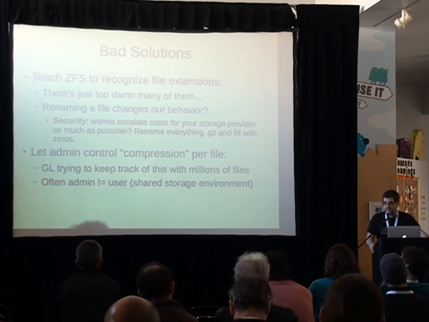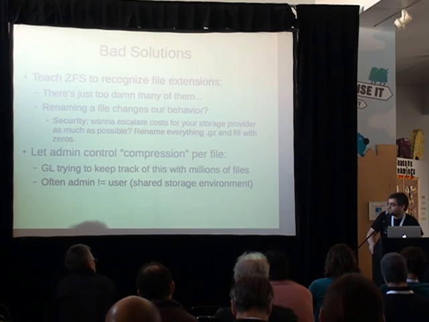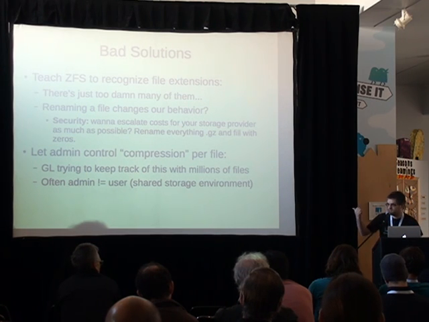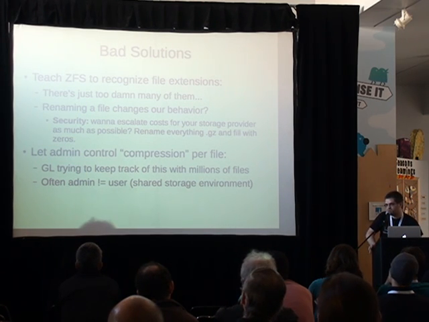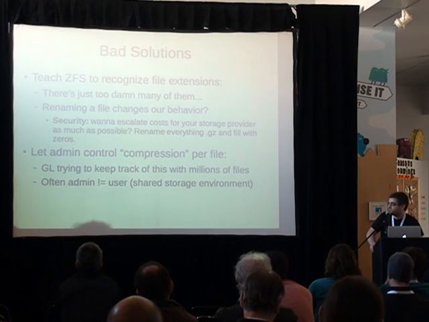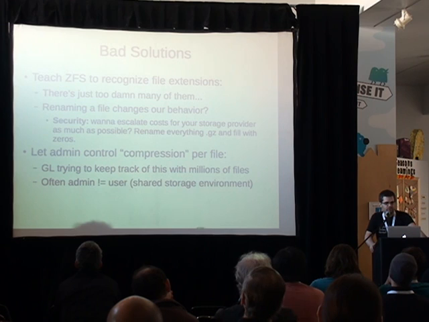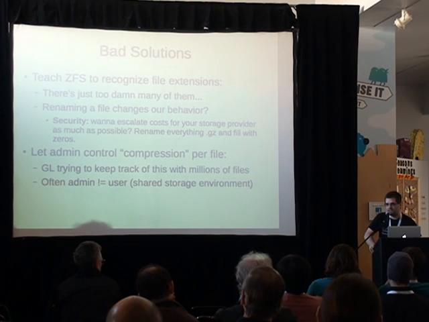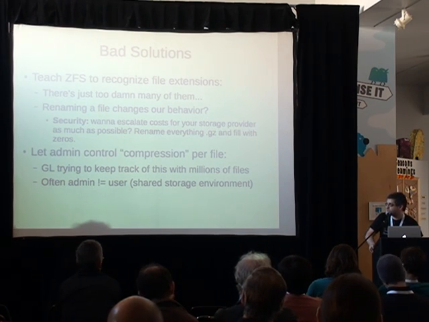You're just going to turn it on again on a raw, which is getting back to the file system setting, which originally was a sensible decision, but this is not. And of course, frequently the administrator is not even the user who's actually using the storage system. Think your average shared storage company environment. You got 500 users writing to the same X drive, and they're just cramming it all full of weird data. How do you know what's compressible or not? You're going to run a shell script for that or whatever.